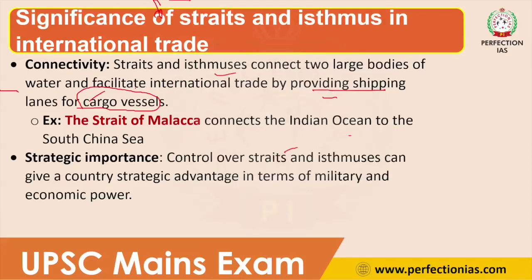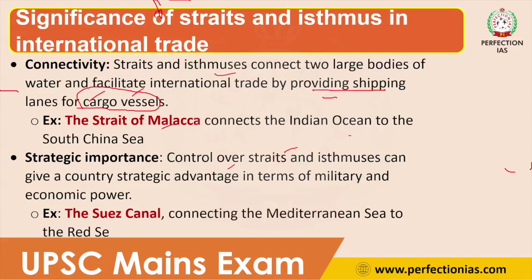The next significance is strategic importance. Control over straits and isthmus can give a country a strategic advantage in terms of military as well as economic power. Those countries which control the straits and isthmus have an advantage in both the military as well as the economic sphere.